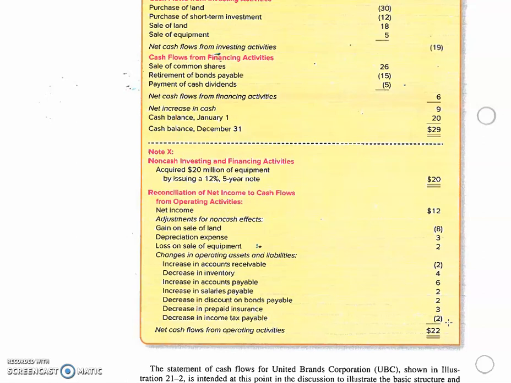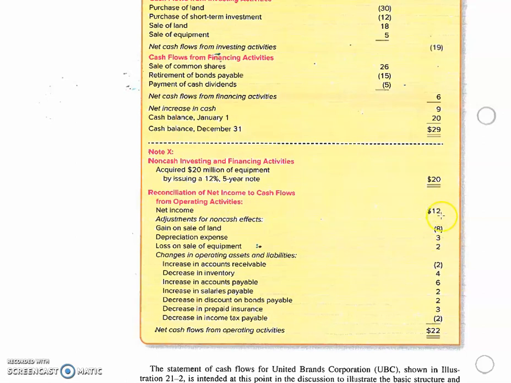So by decreasing income tax payable, then we had to pay more in income tax than we reported as income tax expense. So that means cash outflows related to income taxes were greater than the amount of expense reported, so we need to subtract that amount from net income.